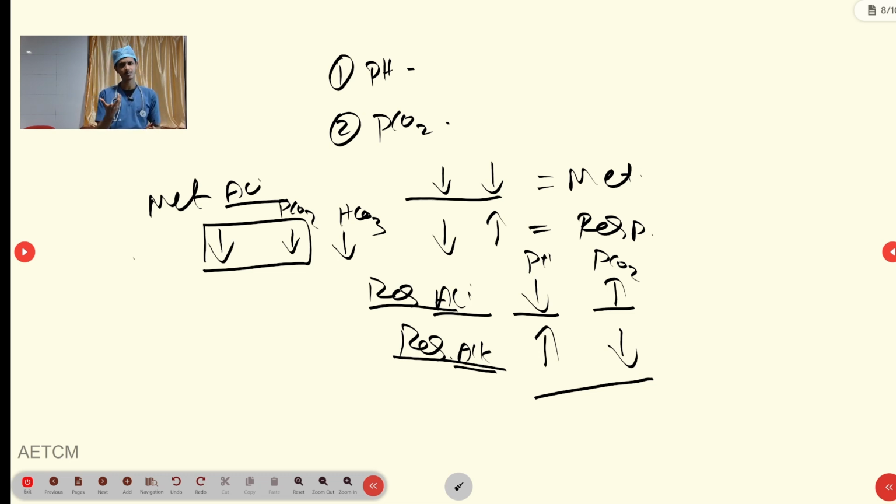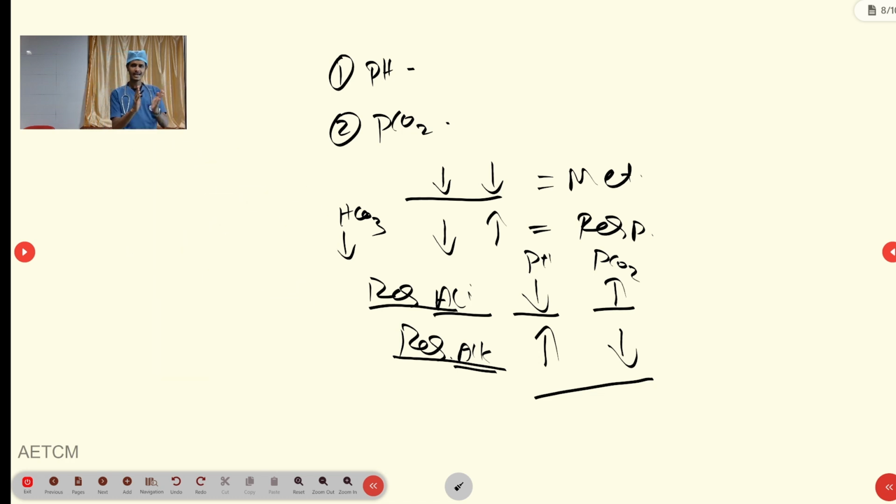I can tell one example to you. For example, you are approaching a case of DKA, diabetic ketoacidosis. In diabetic ketoacidosis, based on acid-base disorder, the person will present with a metabolic acidosis. Am I right? So in metabolic acidosis, what compensatory mechanism will happen in your respiratory system? It will try to eliminate the carbon dioxide from your body.